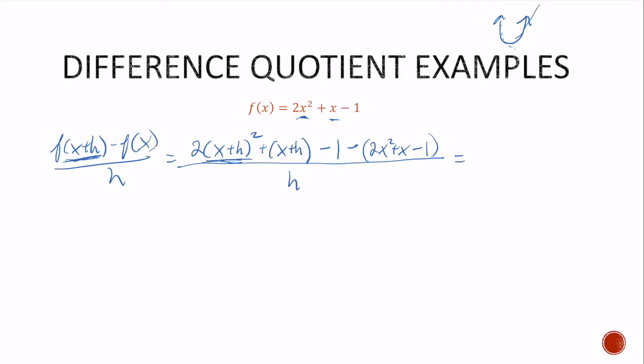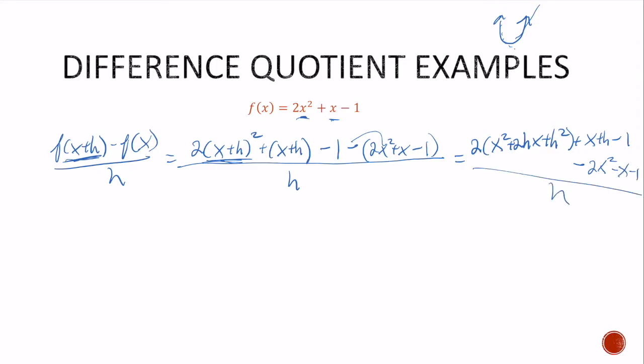I can't just distribute that negative. So I have 2x squared plus 2hx plus h squared, plus x plus h minus 1, all of that minus 2x squared minus x minus 1 over h.